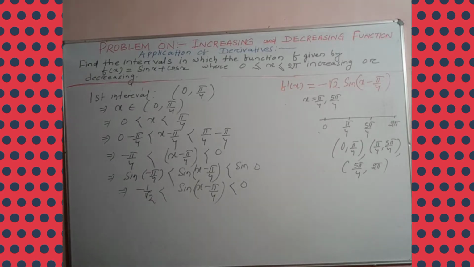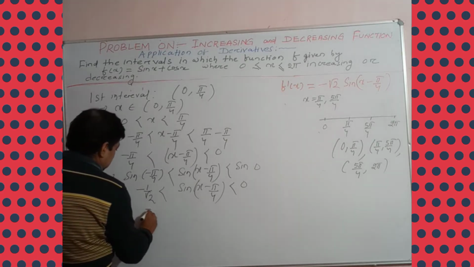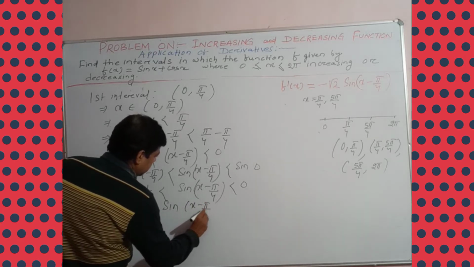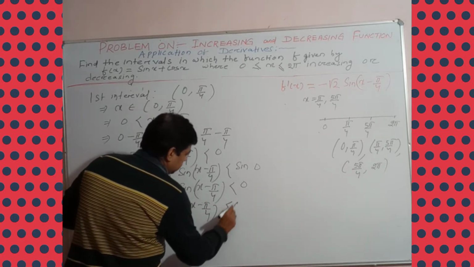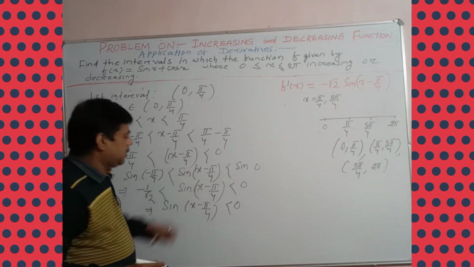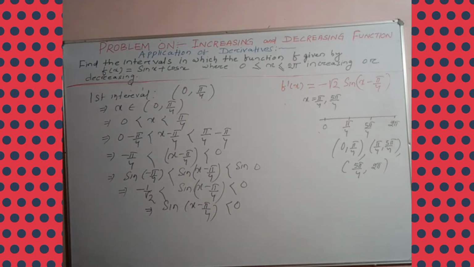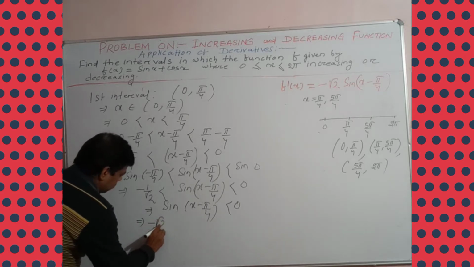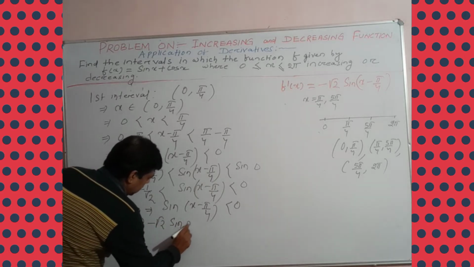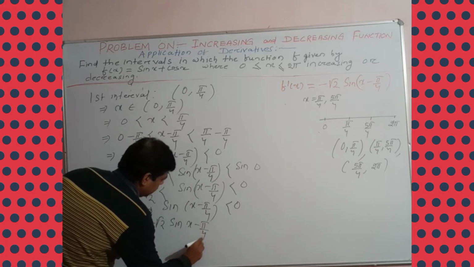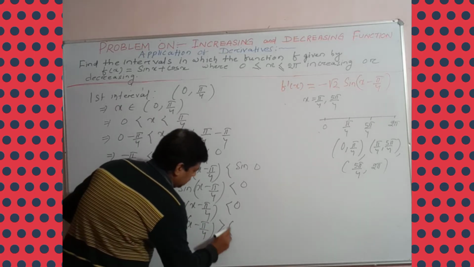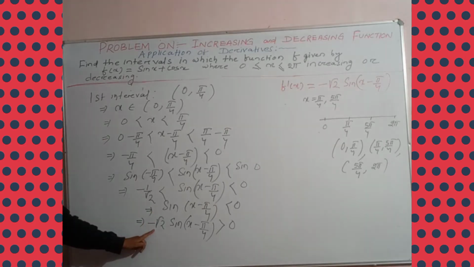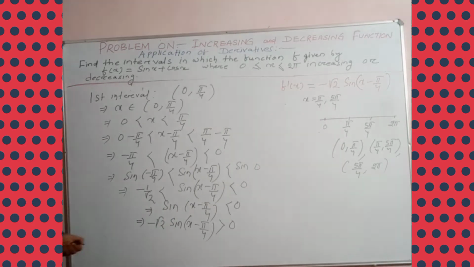So sine of x minus pi by 4 is less than 0. Then multiplying by minus root 2, minus root 2 sine of x minus pi by 4 must be greater than 0. Yes or no?